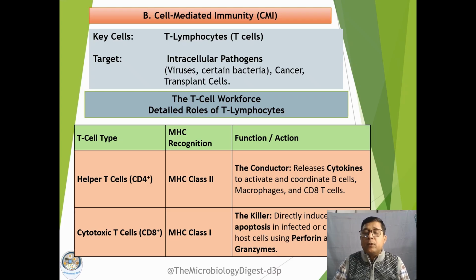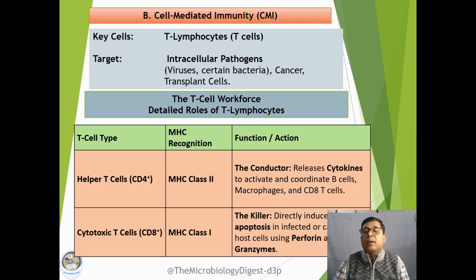The major function of these cells is recognizing the antigen in association with MHC molecules, or major histocompatibility complex molecules. Helper T cells require the MHC class 2 molecule, and cytotoxic T cells require the MHC class 1 molecule.